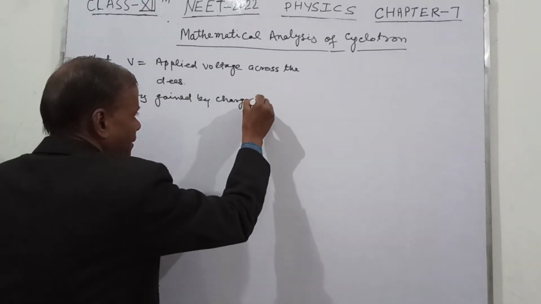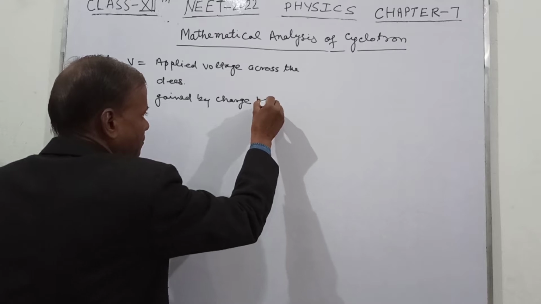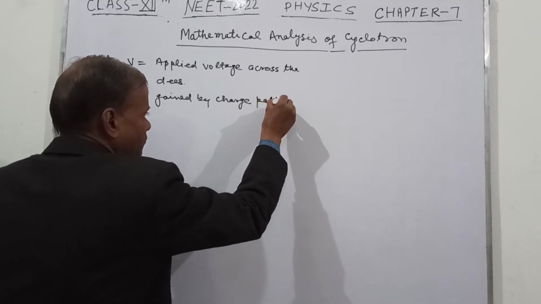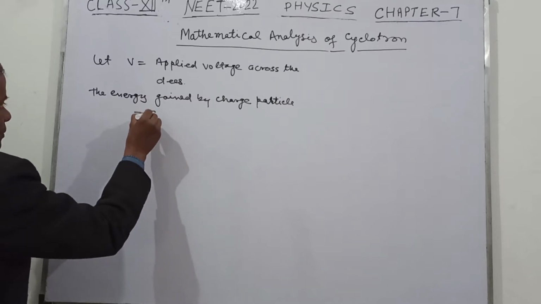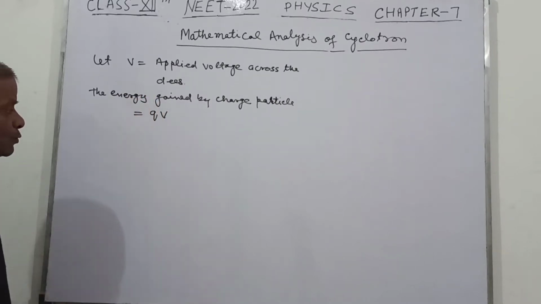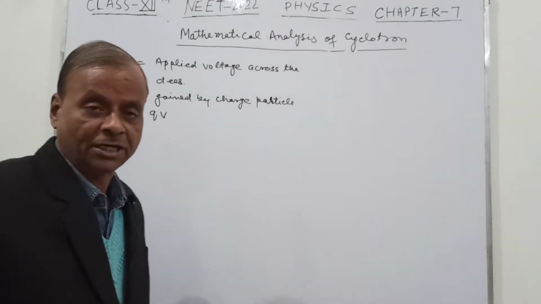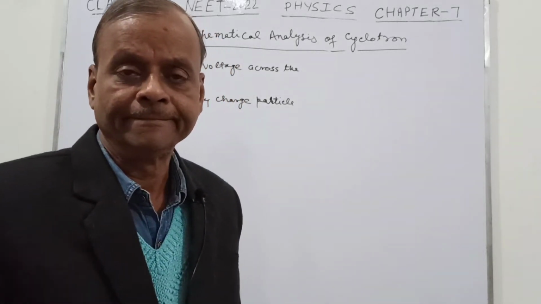The energy gained by the charged particle is equal to QV, Q being the charge on the particle.